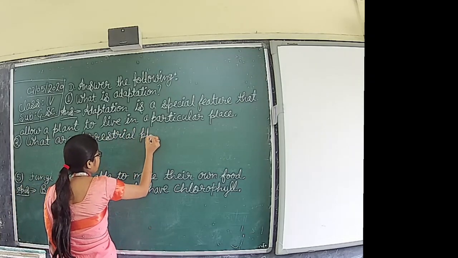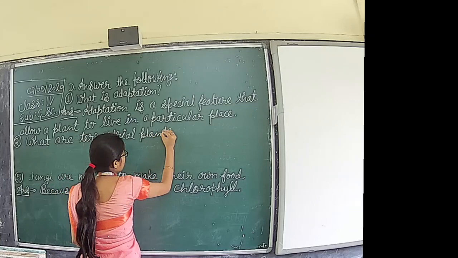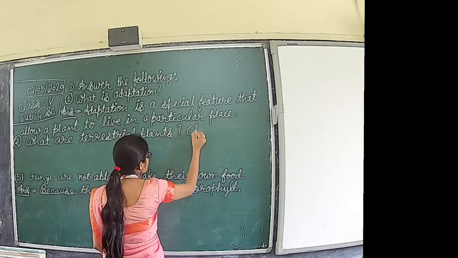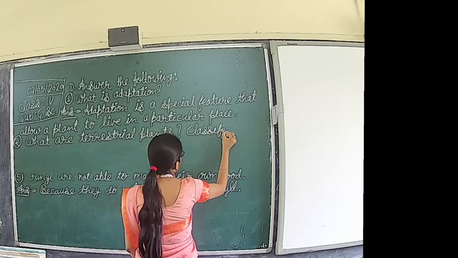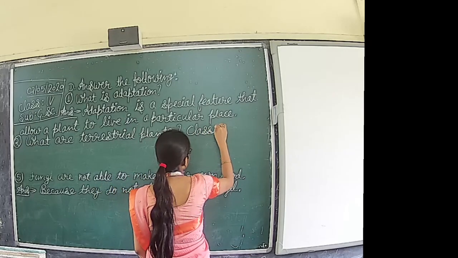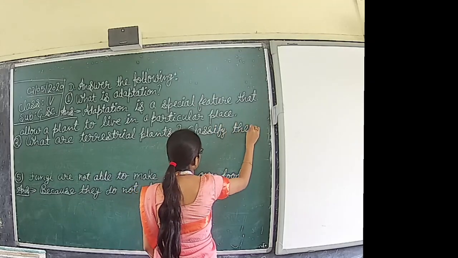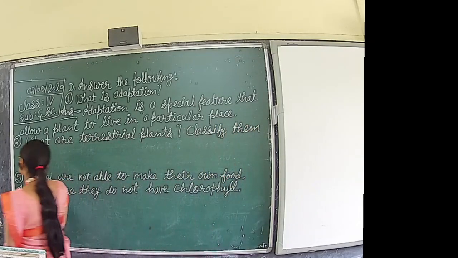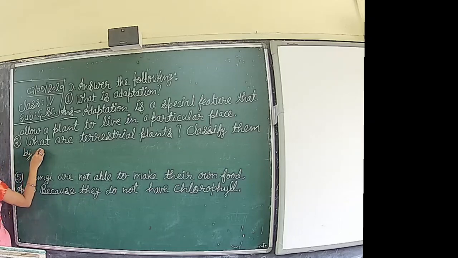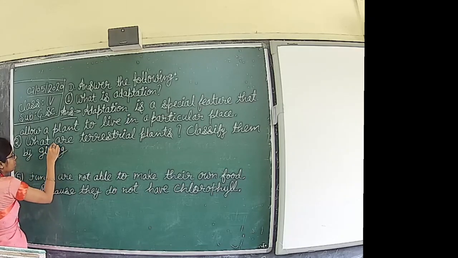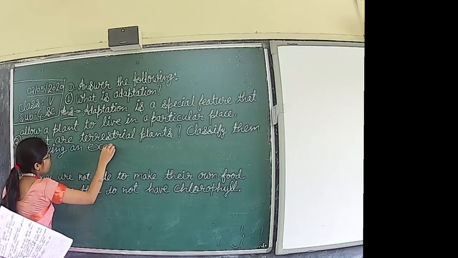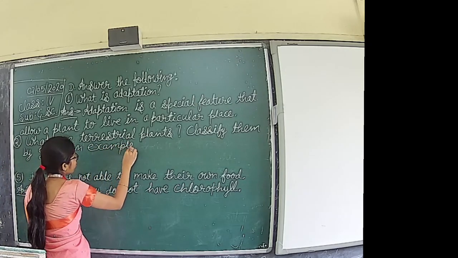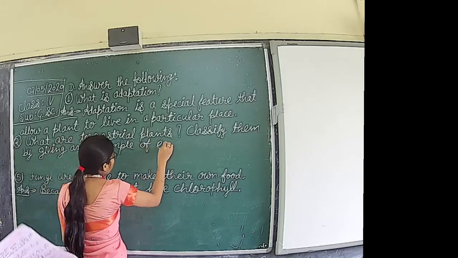Then we will write the answer for the next question. What are terrestrial plants? And further one more question is given in this question itself. Classify them by giving an example of each.